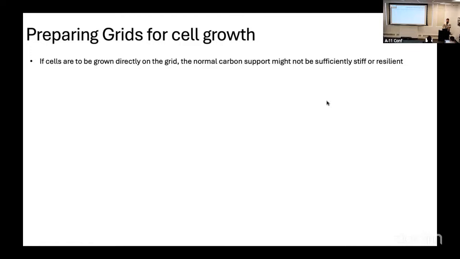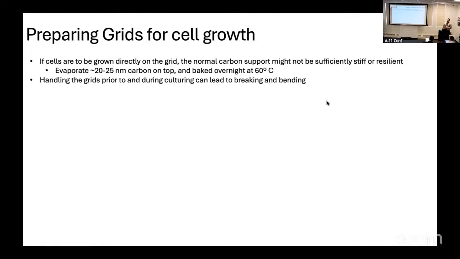Say you have some bacteria you're just depositing, or some Keilo cells, you're just going to stick them on. But if you are worrying about this, a lot of people have found that if you evaporate about 20-25 nanometers of carbon on top and bake it overnight at 60 degrees, it really adds a lot of resilience to the grid. And if you're FIB milling, you don't have to worry about any thickness that imparts.